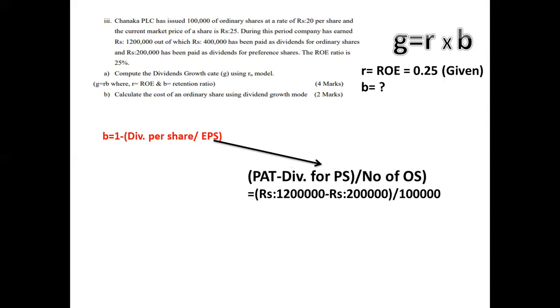In the sum, profit after tax is 1.2 million, minus preference share dividends of 200,000, and the number of shares is 100,000. Then earning per share is rupees 10.